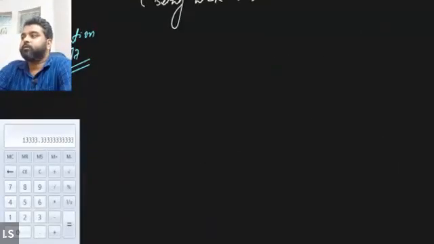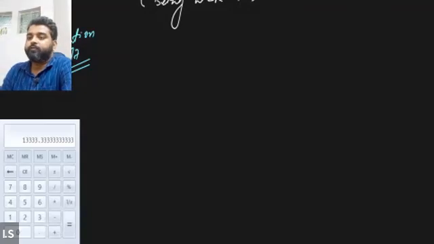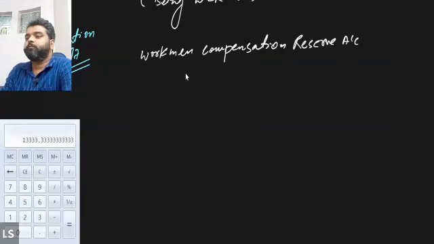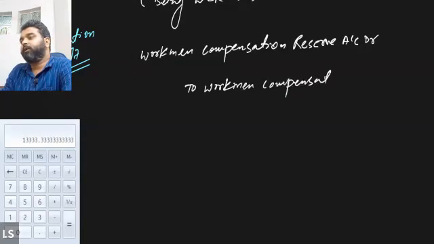So in question number 77, the first thing, the journal entry will be: workman compensation reserve account will be debited, to the workman compensation claim that was actually made.